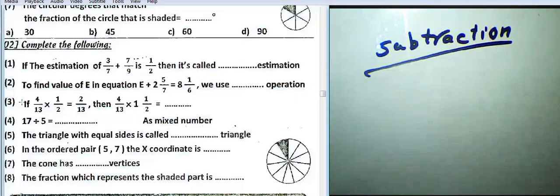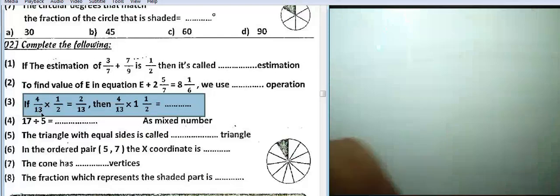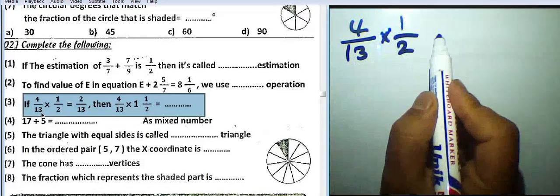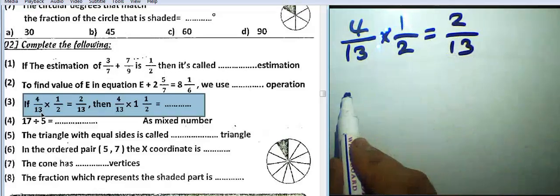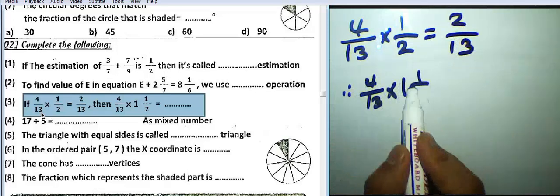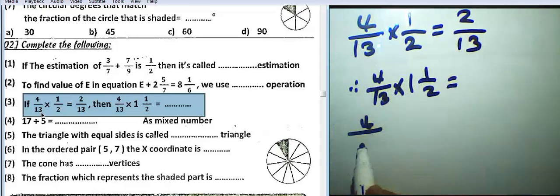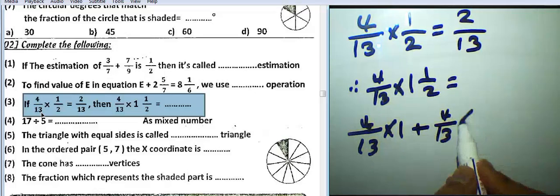Write subtraction. Question 3. If 4 over 13 multiplication by half equals 2 over 13, then 4 over 13 multiplication by 1.5, we can use the distributive property to find the result. 4 over 13 multiplication by 1 plus 4 over 13 times half.